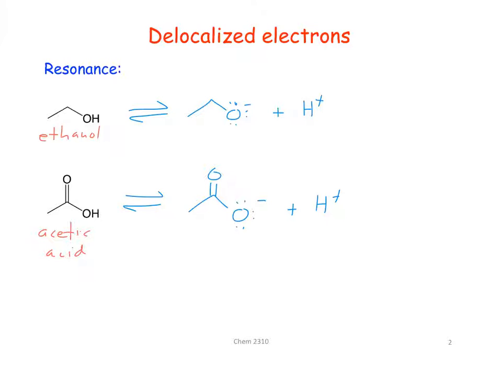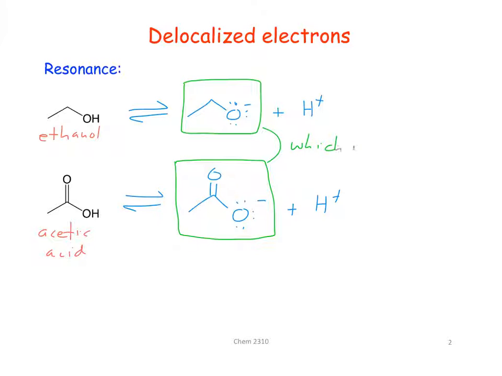We can do that for acetic acid as well. And we talked about how acidity is related to the stability of the conjugate base. So here's the conjugate base from ethanol, and here's the conjugate base from acetic acid. We would ask which is more stable, because the acid that has a more stable conjugate base is going to be a stronger acid.